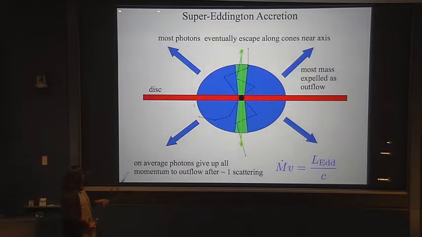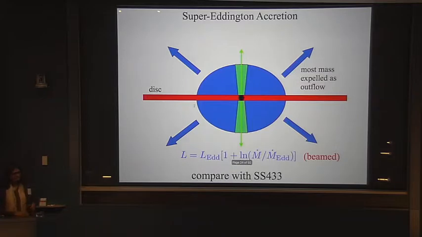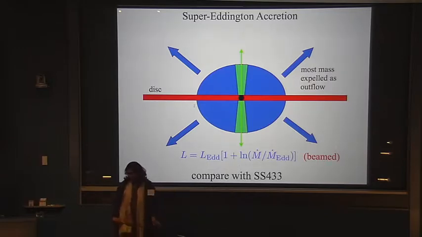if you look at the case when the average photons can basically give up their momentum to an outflow, an outflow that will actually escape, so most of the photons will escape along the axis there, then what you can do is you can actually get a luminosity in which the proportionality now is with the log of the accretion rate.